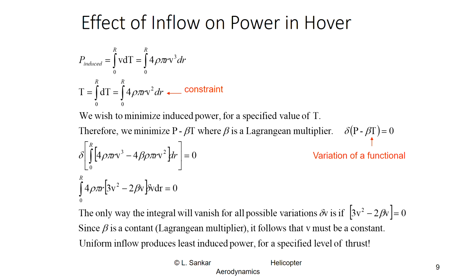So why do we say inflow should be uniform? Let's look at the induced power. For each ring, it produces a delta T. In hover, the climb velocity capital V is 0, so you only have the induced velocity crossing the rotor disk. Velocity times force is power, so v times dT is the induced power.